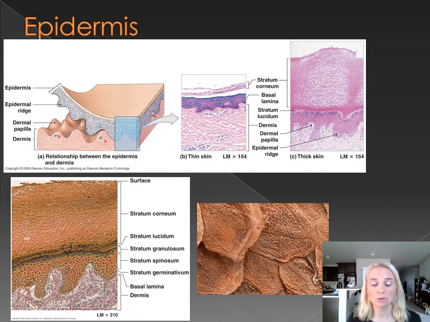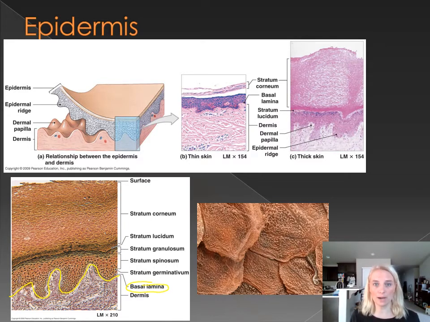Now, if we take a closer look at this stratified squamous epithelium, we'll see that there are multiple layers within that one type of tissue. I'm going to highlight this bottom picture down here. It's probably the best one. Where I'm drawing the yellow line, this is going to be our basement membrane, what we call the basal lamina.